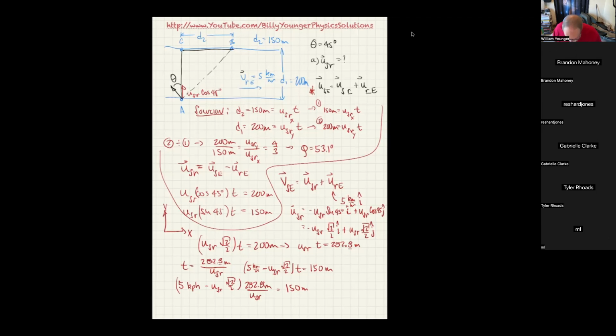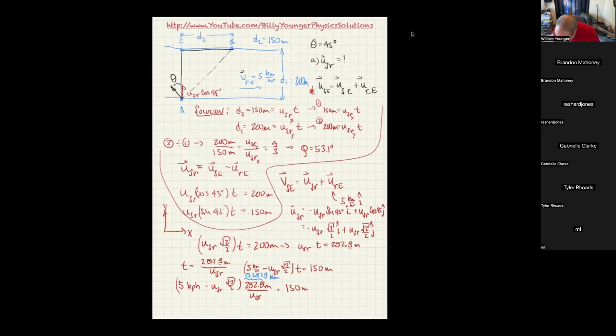I guess I could convert that to kilometers, then it would work a little better. So yeah, let's do that just to watch the units. This is going to be 0.2828 kilometers. So using that, that'll automatically work out a little better with this 5.